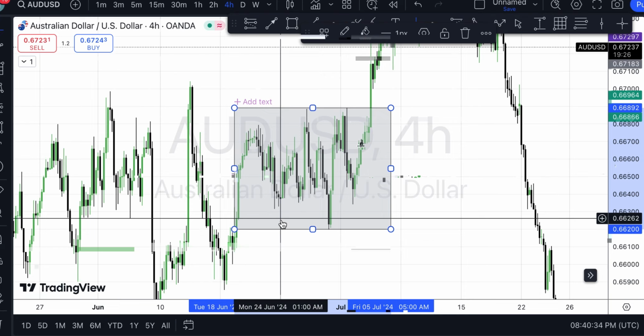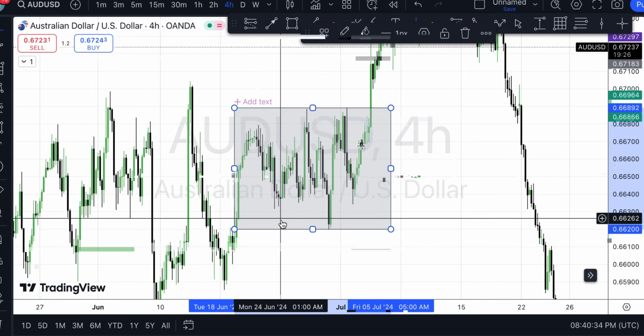So number three on this is strength of levels. The more times a support or resistance level has been tested without breaking, the stronger it is considered to be. So the fourth one is breakout.